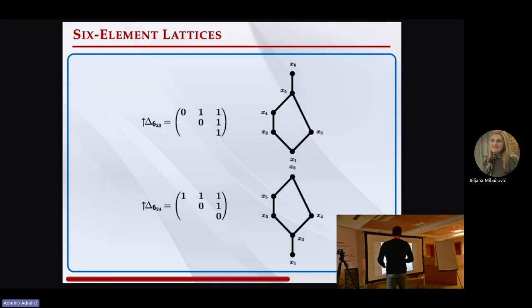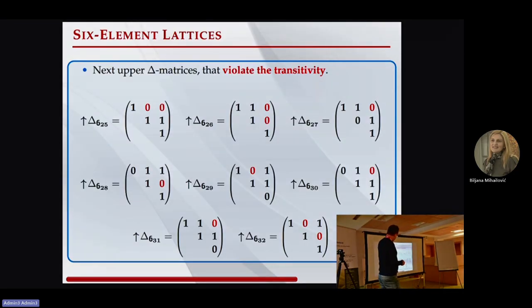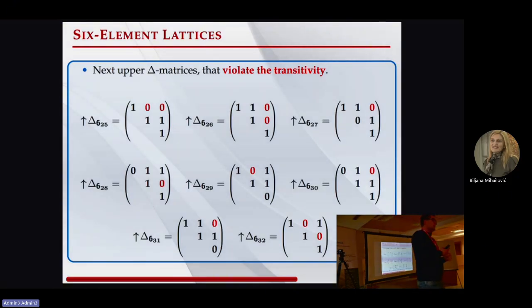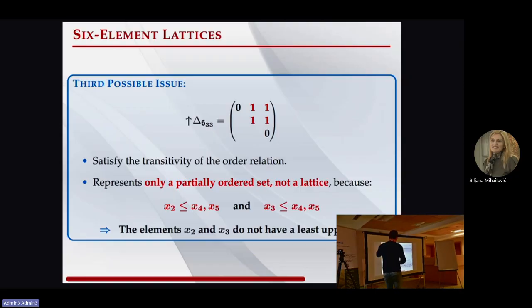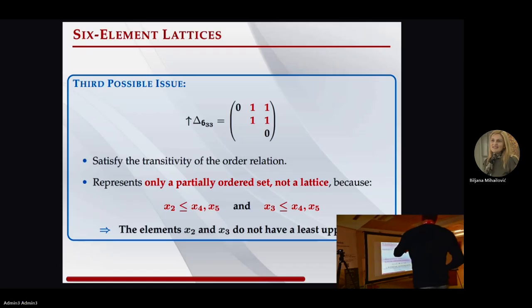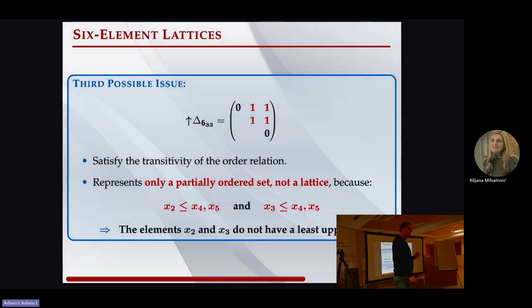Okay, we have another wrong matrices. We can continue with the next matrices and next lattices, and so on. So wrong matrices, we can see wrong matrices that violate the transitivity. And now we encounter the third problem for the matrices, because this matrix doesn't violate the transitivity of the relation, and doesn't represent a finite lattice.